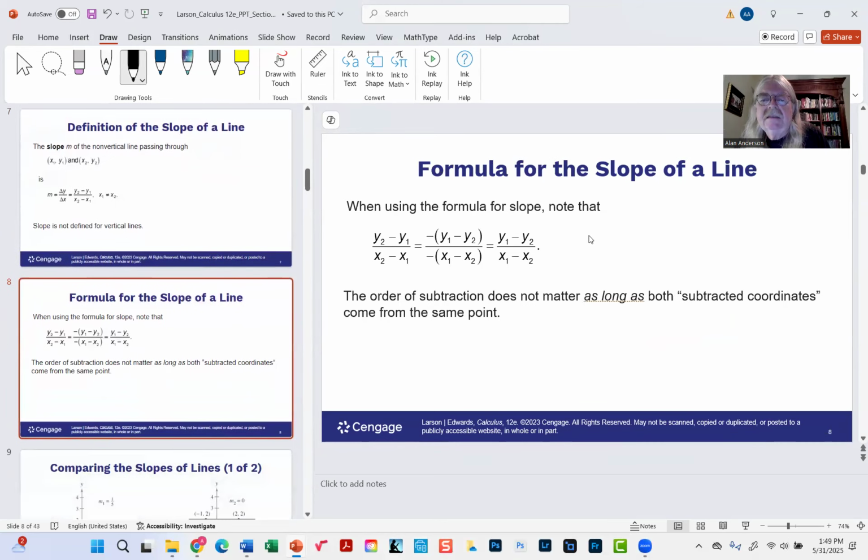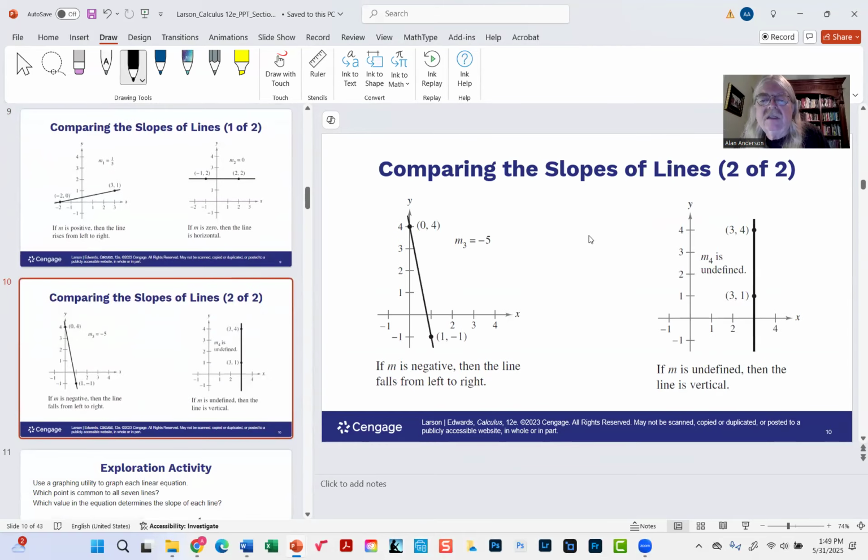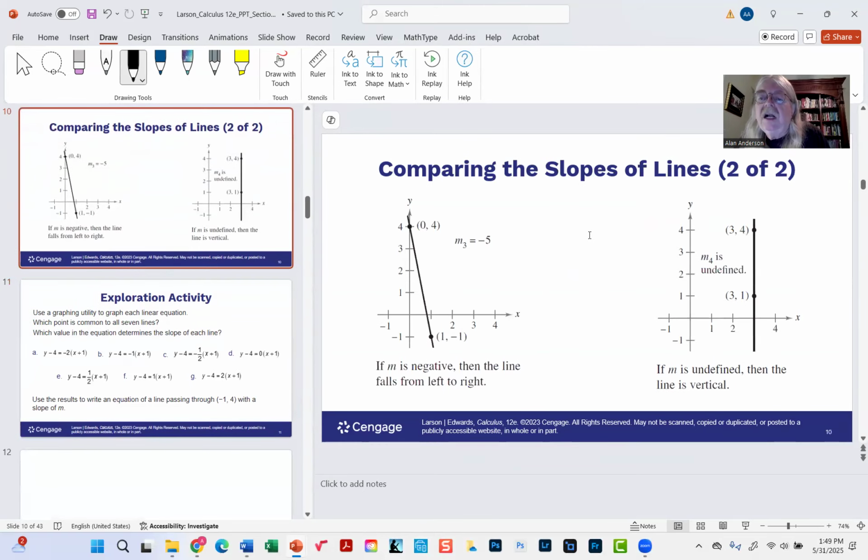Okay. And then they've got a couple of simple examples here. We can go. Okay, I think we can do that. Except I mentioned this earlier. The one case you have to watch out for is if the line is vertical, then the slope is undefined because with a vertical line, the x is a fixed constant.